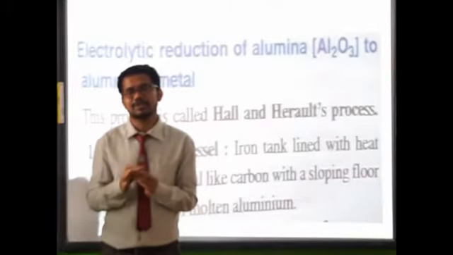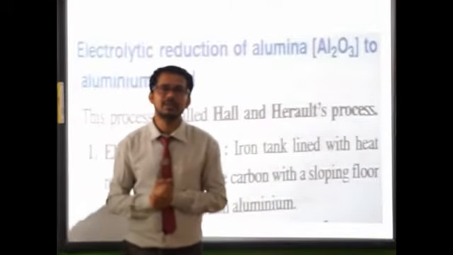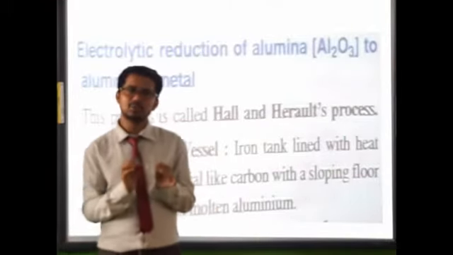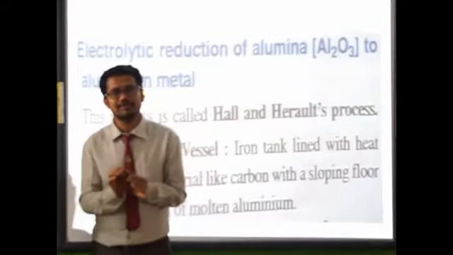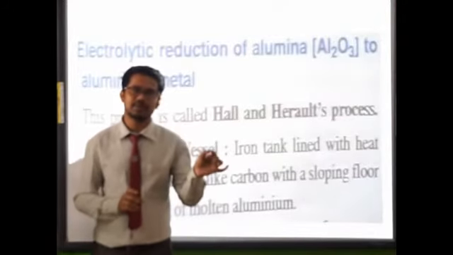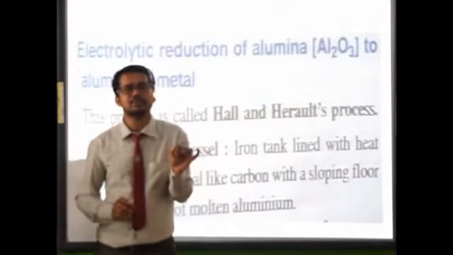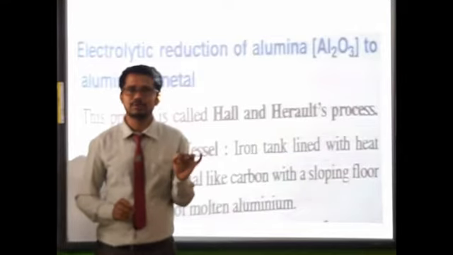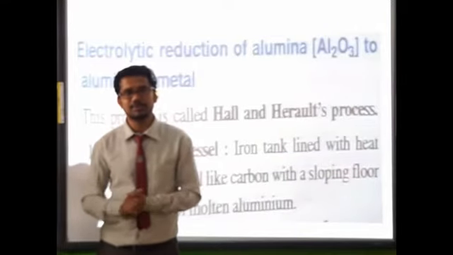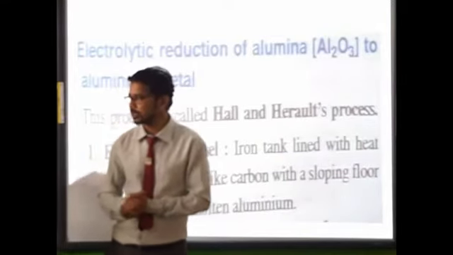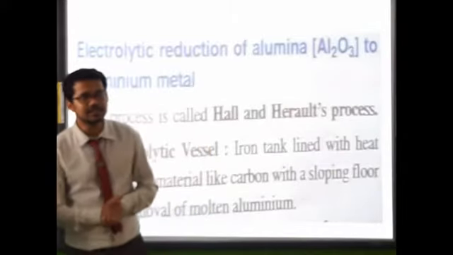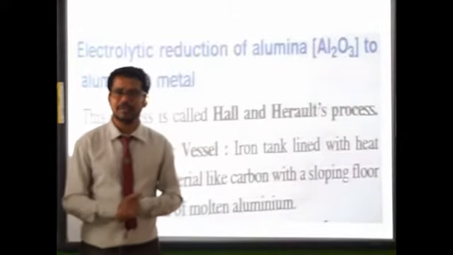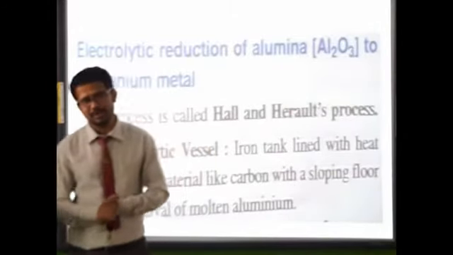That is the reduction of aluminium oxide to aluminium, which can be done by the Hall-Heroult process. So today we will be doing the Hall-Heroult process, the electrolytic reduction of alumina to aluminium metal.